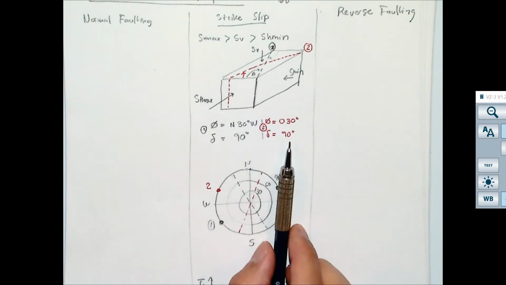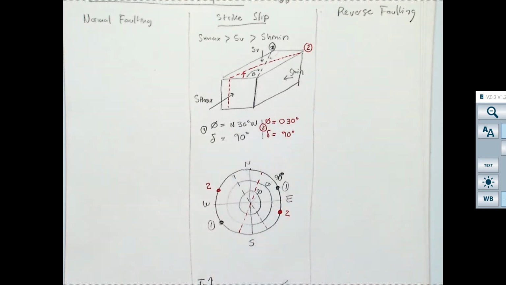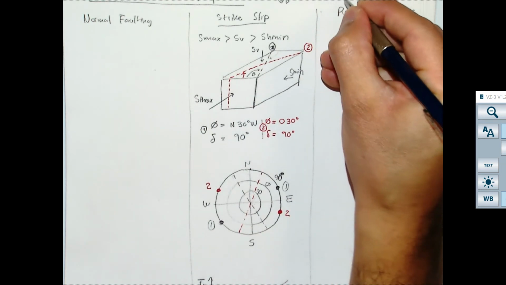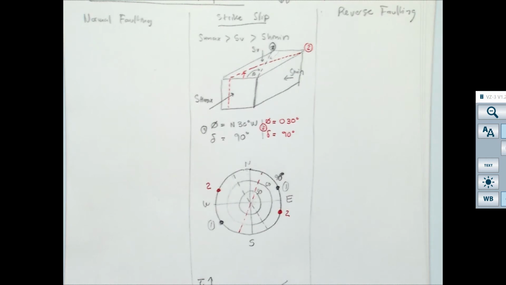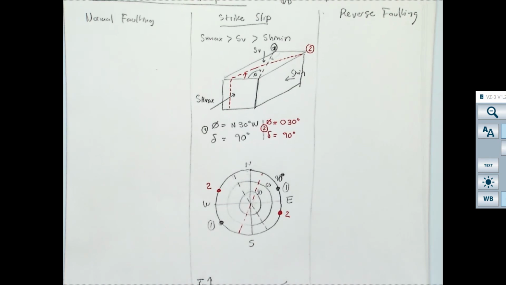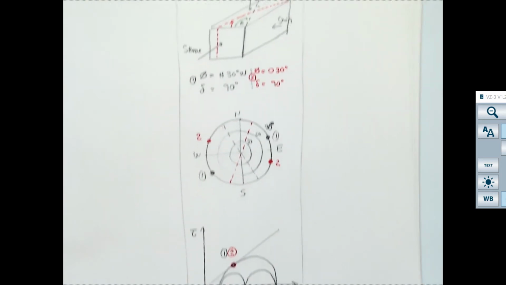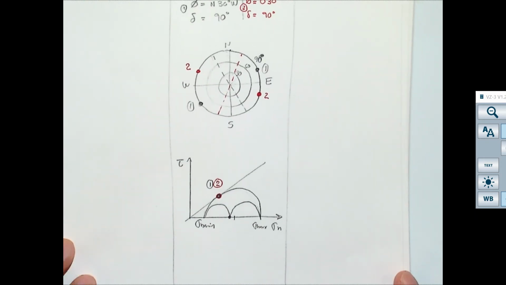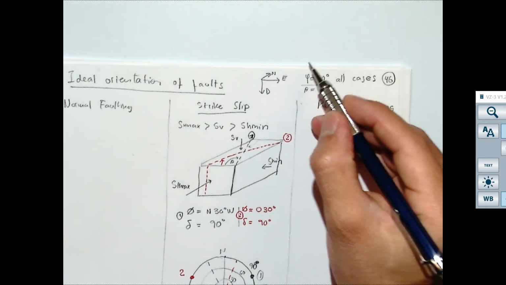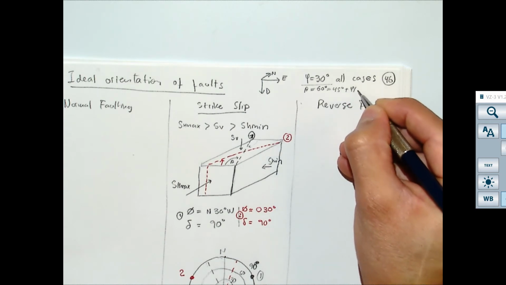In this case, we assume the friction angle to be 30 degrees, and therefore the angle beta is 60 degrees in all cases, and that is what controls here the strike of these faults. Okay, there was one more thing that I was missing from here, and is that, as I just said before, this angle beta is 60 degrees, is 45 degrees plus the friction angle divided by 2.